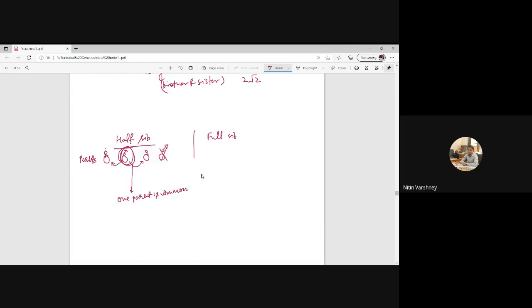So one parent is common, and this type of cross will generate half sibs. Likewise, in full sibs, both the parents will be the same.